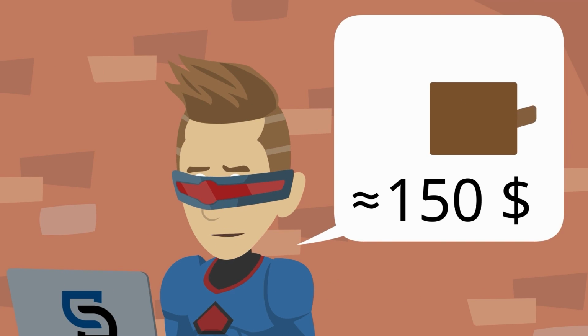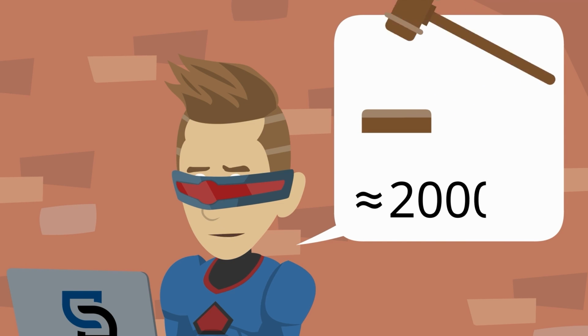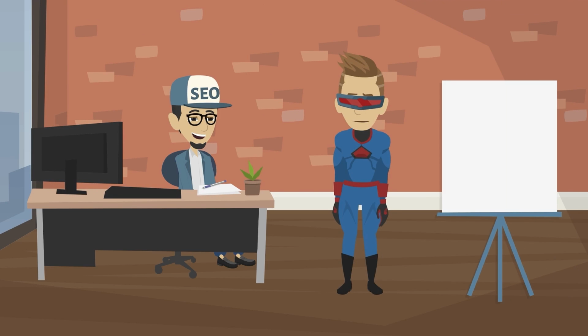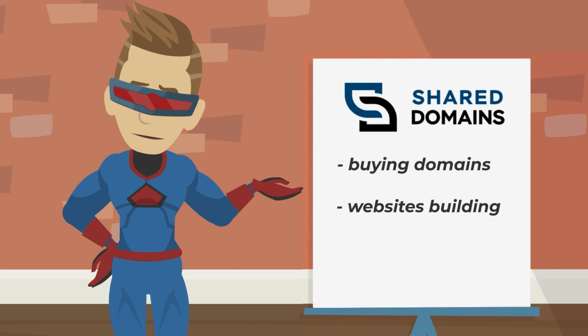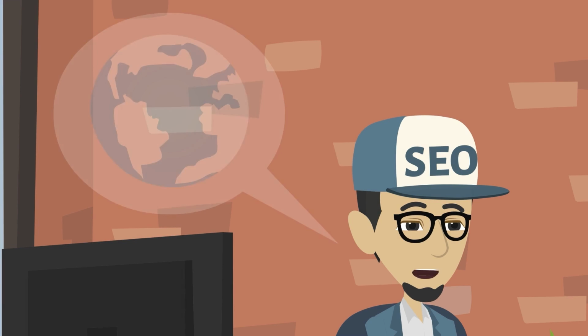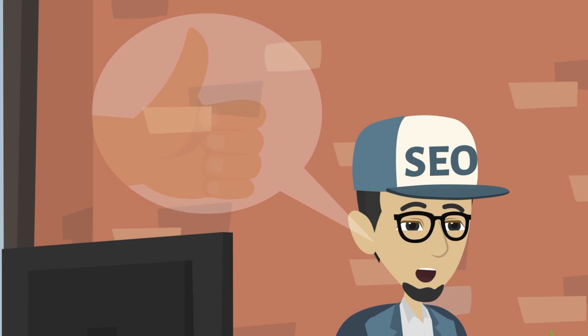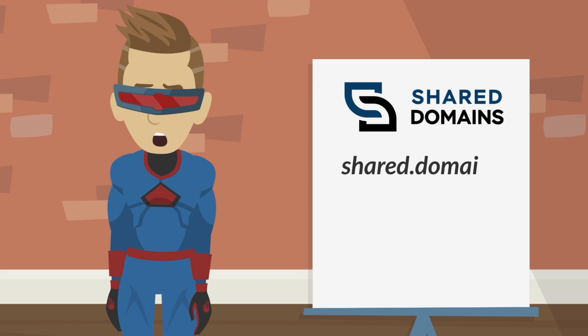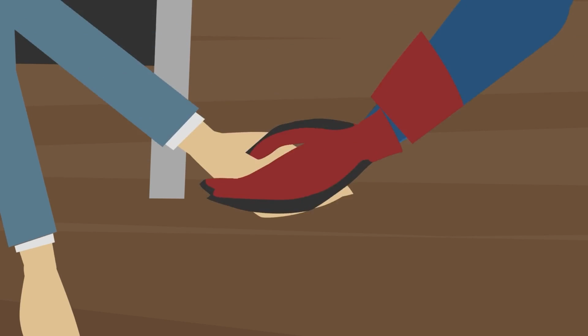Well, you can get a solid backlink for only $150 from a domain bought for $2,000 at an auction, and I'll take care of all the rest, including redeeming domains after hours, website building, link replacement, and other routine tasks. Okay, what about your domain zones? I have both international and European domains. Sign me up! How do I start? Simply visit shared.domains and create an account today to get an instant promo code.